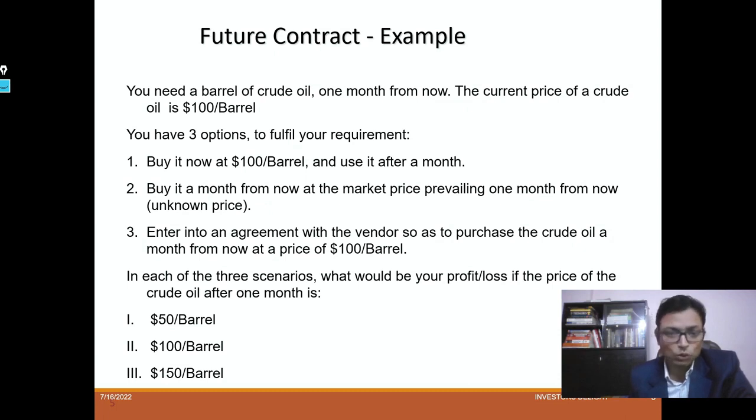For example, suppose after 1 month the price of crude oil changes from $100 per barrel to $50 per barrel, or it remains just $100 per barrel, or it has moved up to $150 per barrel. So it can go to any of these three ranges, and we will see what our profit and loss will be in this scenario.